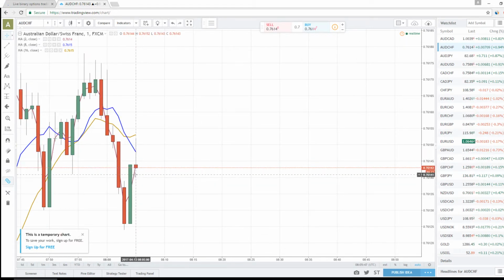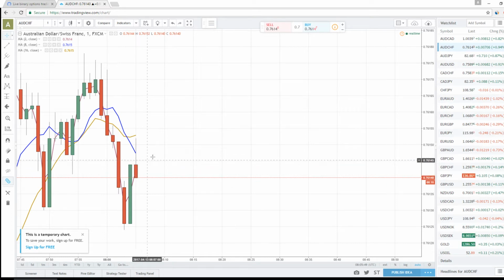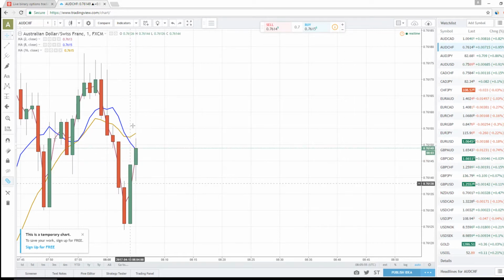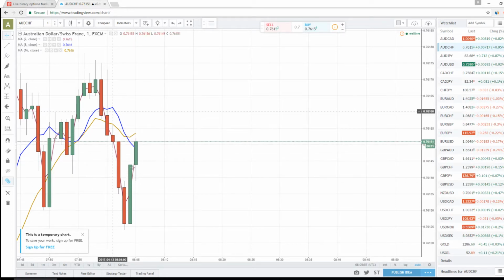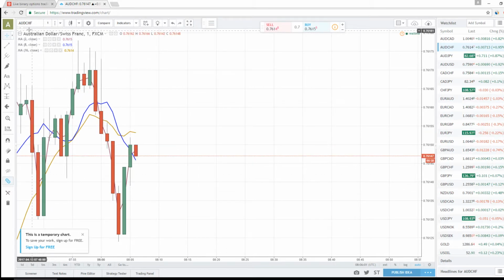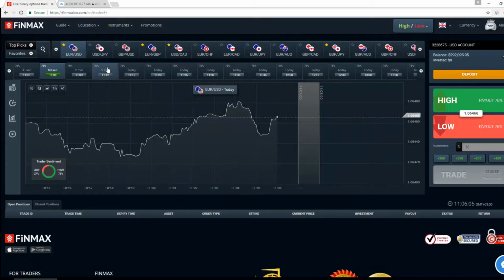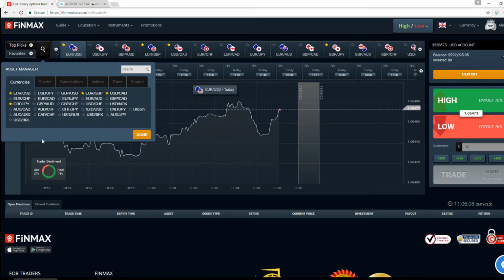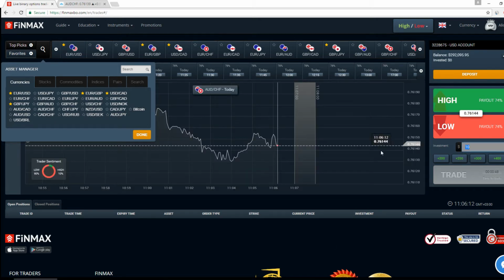This lower moving average has almost crossed these two lines, so that creates a really interesting situation. I'm planning to open the trade on that asset: Australian dollar to Swiss franc for 1 minute for high.